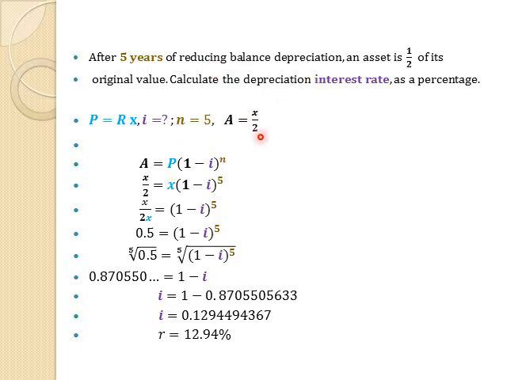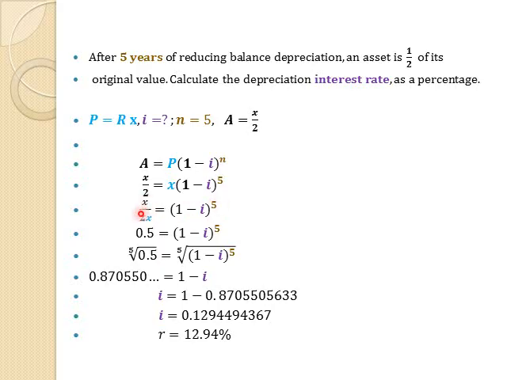Said reducing balance, so therefore A equals P(1 minus I) to the power n. A is x over 2, P is x, and n there is 5. So always first we divide the x away, so x over 2 divided by x equals 1 minus I to the power 5.